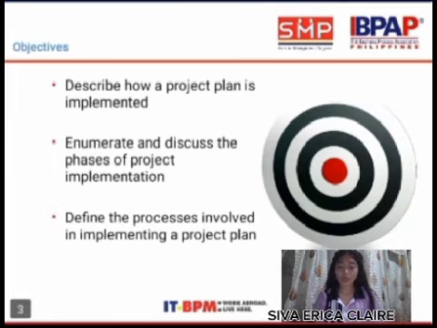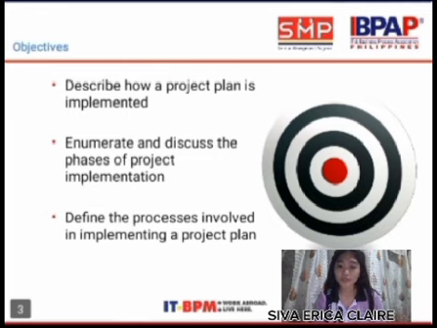Objective: describe how a project plan is implemented. This objective focuses on understanding the overall process of putting a project plan into action. Enumerate and discuss the phases of project implementation. This objective aims to provide a detailed understanding of the different stages involved in project implementation, including their sequence and interrelationships.